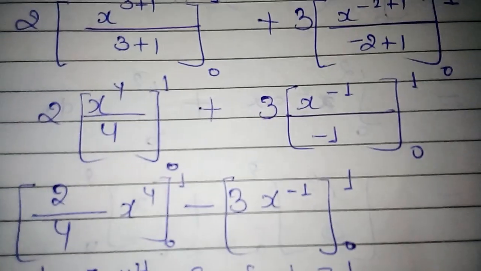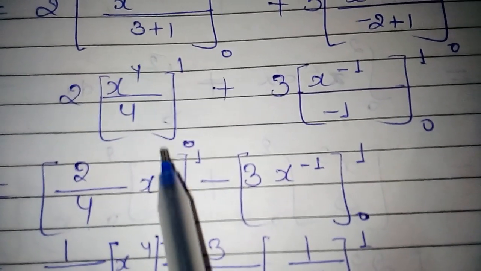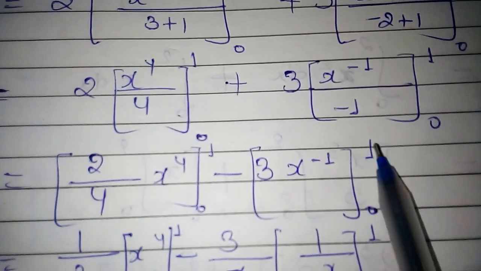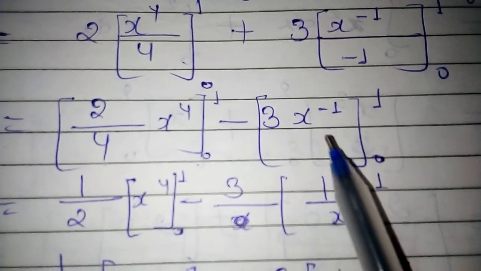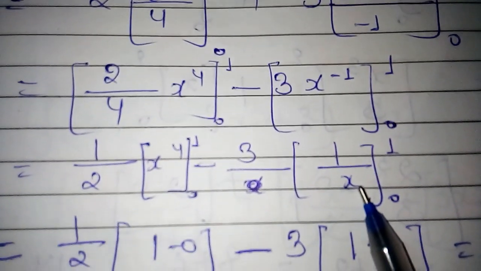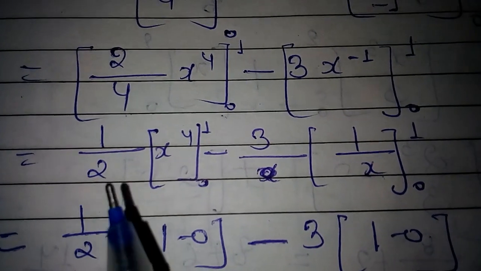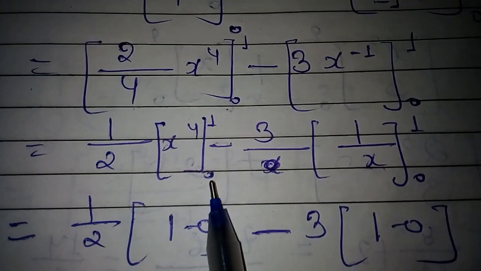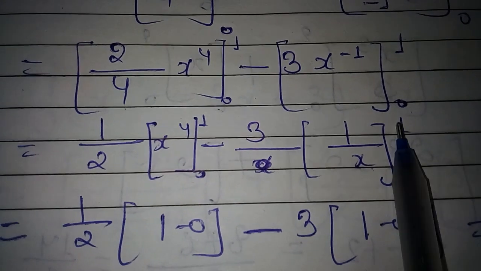So this is equal to 2 by 4 x raised to power 4 with the limit 0 to 1, minus 3 x raised to power minus 1 with the limit 0 to 1. Now you can write x raised to power minus 1 as 1 by x, the simple method of mathematics. So 2 by 4 is 1 by 2 x raised to power 4 with the limit 0 to 1, minus 3 times 1 by x with the limit 0 to 1.